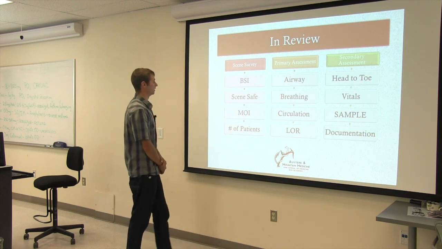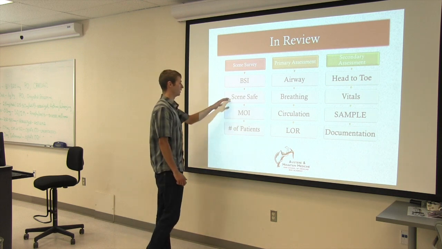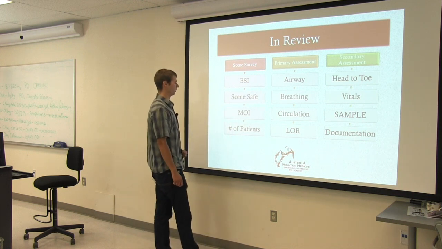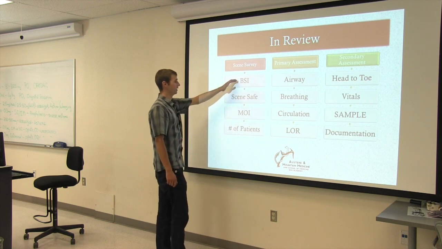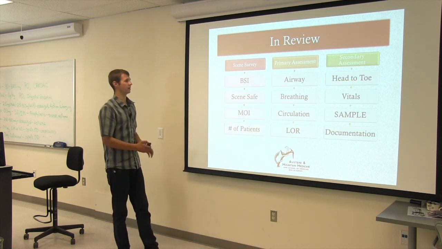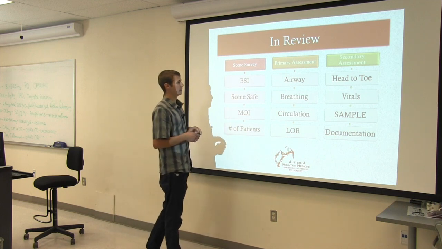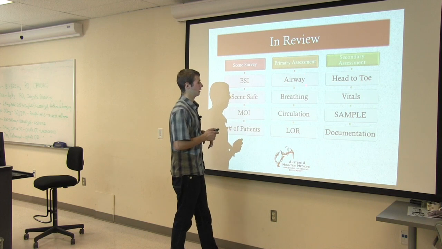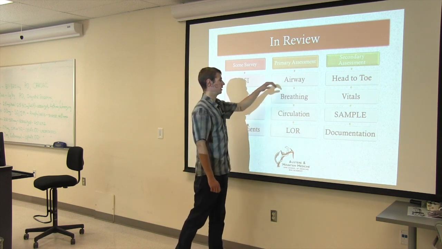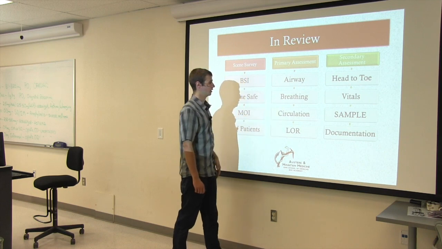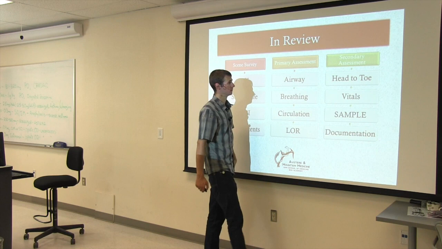So your scene survey, your scene size up, just remember we're looking at our scene safety, probably the most important one, number of patients, mechanism of injury, and then any body substance isolation, any protective equipment that we might need. Primary assessment, the goal here being identifying any immediate life threats, so life threats to your airway, to your breathing, and your circulation. And within that, we're looking at their level of responsiveness.